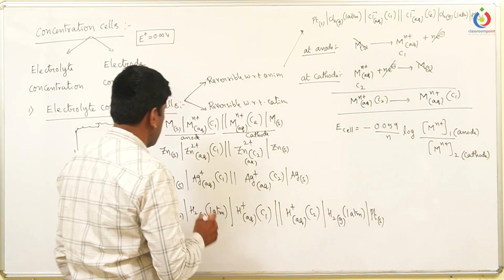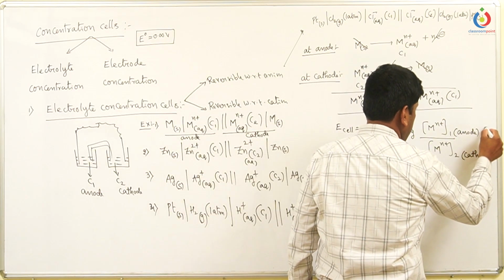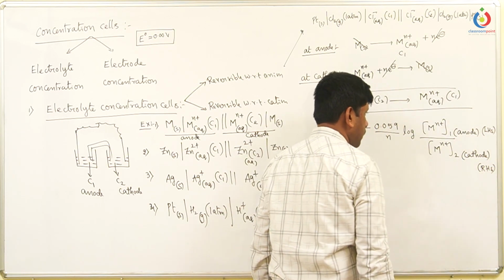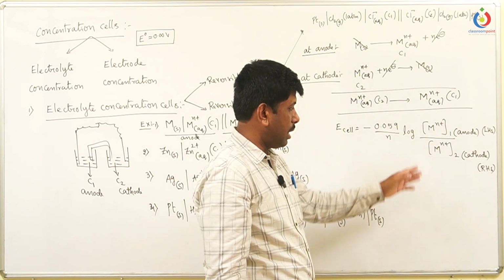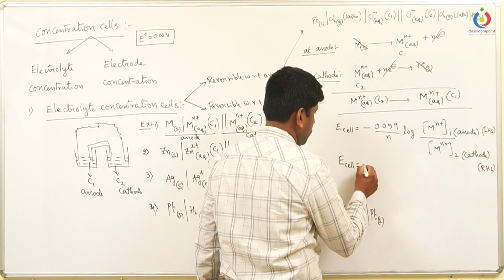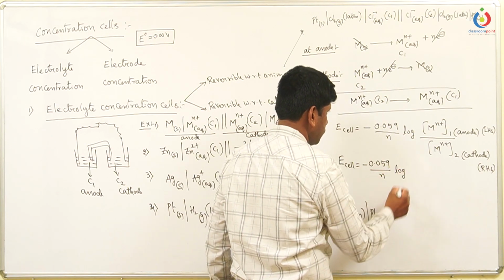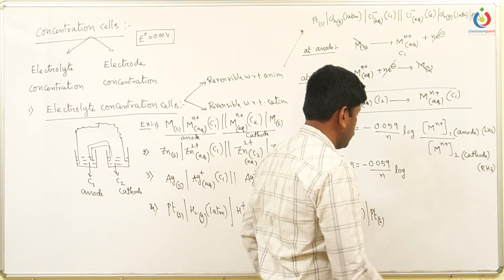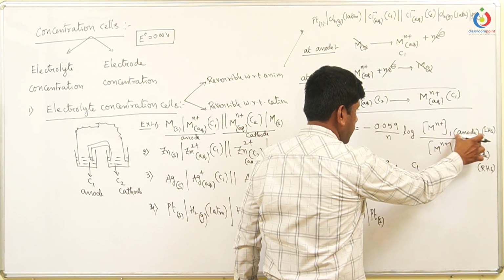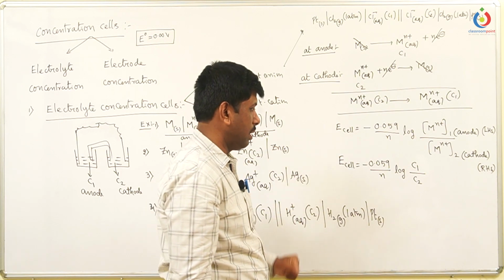Usually in the reaction, the anode is on the left hand side and the cathode on the right hand side. So you can write LHS and RHS, left hand side electrode and right hand side electrode. So now E cell is equal to minus 0.059 by n into log C1 by C2, or else the concentration of the electrolytic solution at the anode compartment divided by the concentration of the electrolytic solution at the cathode compartment.